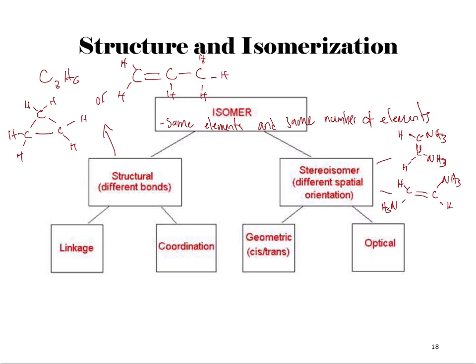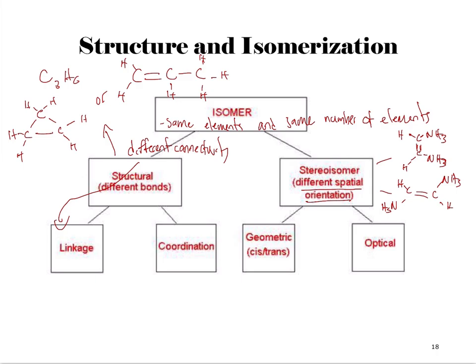There's no way I could rotate this, spin it around to superimpose these two structures on top of each other. So those are what we call stereoisomers, right? So they have different spatial orientation, even though the connectivity is the same, right? So this would be different connectivity, which would be mostly related to linkage isomers, and this is different spatial orientation.